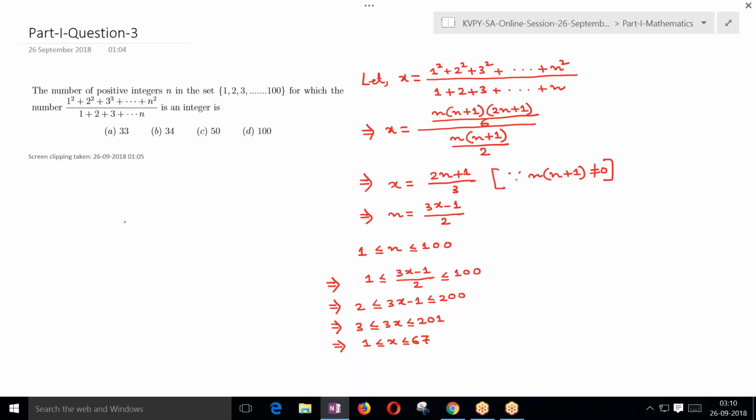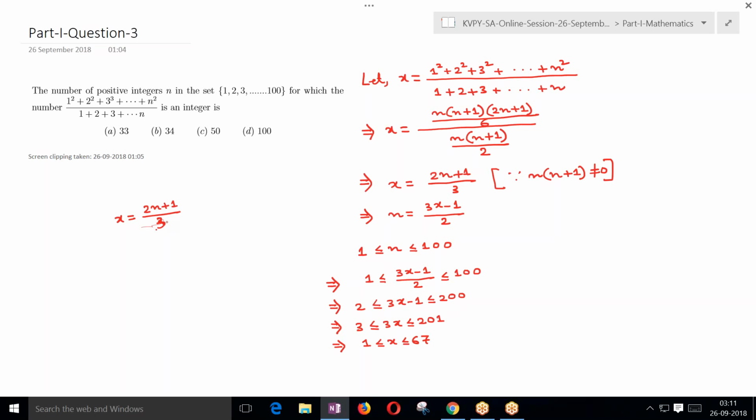Because if you look into this expression, x is equal to 2n plus 1 by 3, then obviously x has to be an odd number, correct?